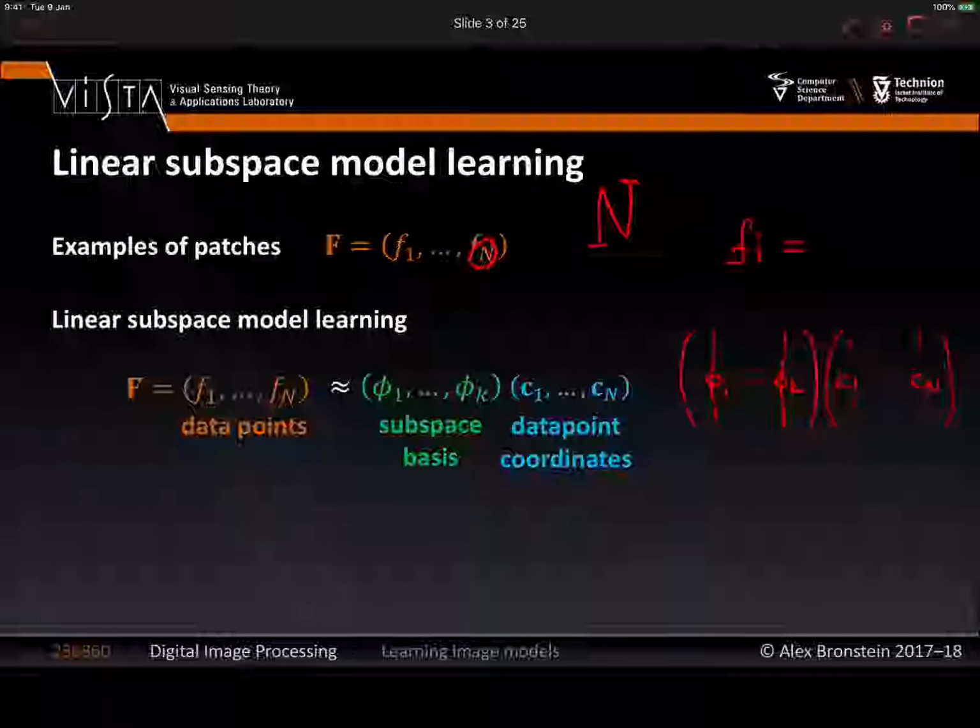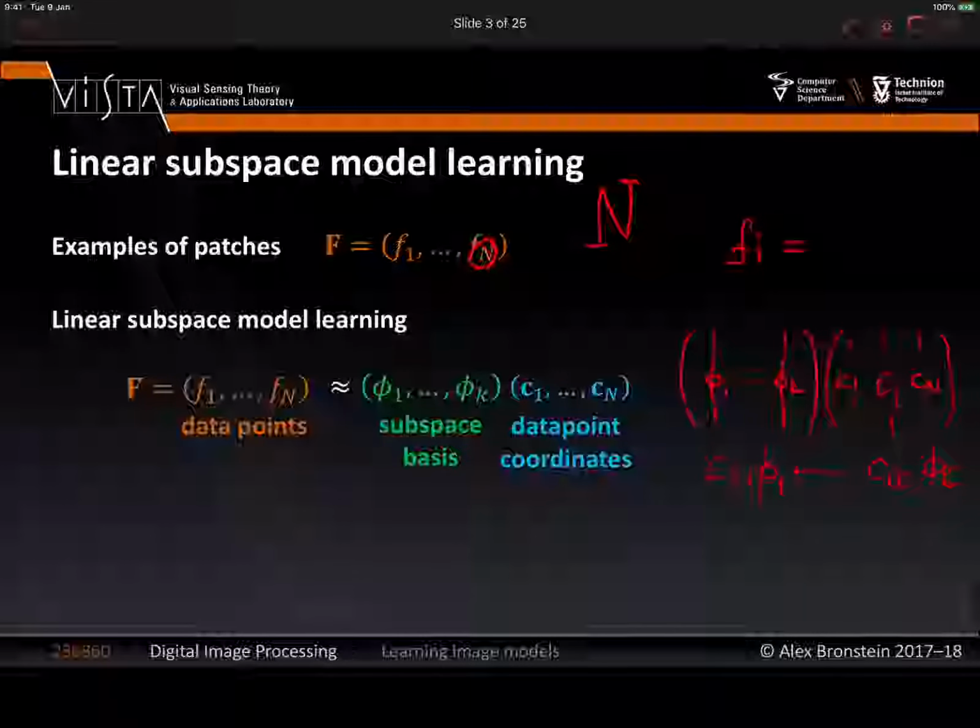So for example, when I take the ith patch, with coordinates Ci, I'm taking with the weight Ci1 the function phi 1, plus and so on, up to Cik phi k.